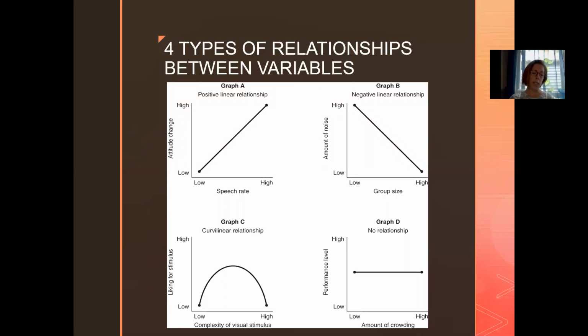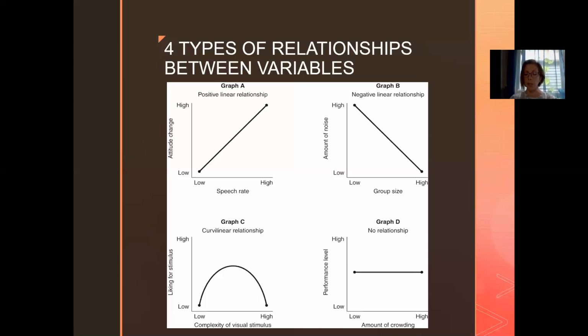Graph C down there is a curvilinear relationship. This is also an observed relationship in cognitive psych, where the complexity of a stimulus is related to how much we like it. We don't like really, really simple things, and we don't like too complex things. I'll show you an example of this in a second.